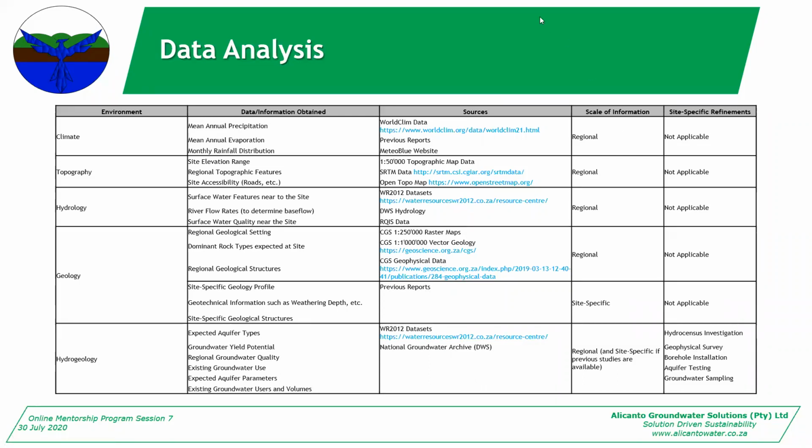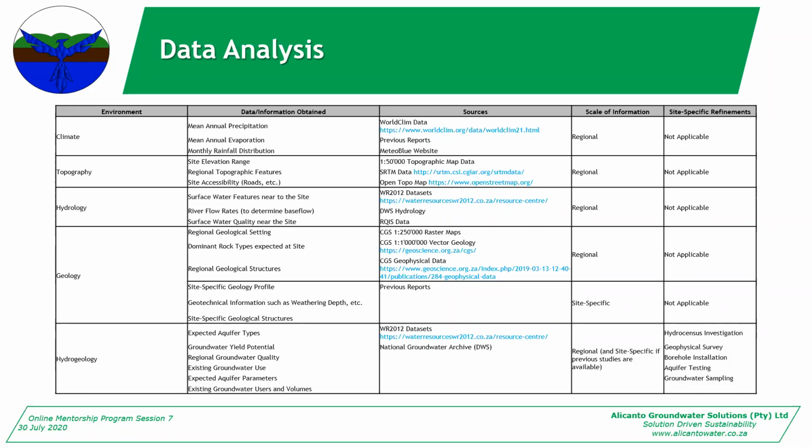Yep, Papelo? I know, during my honors, with the climate, the annual evaporation and precipitation, we used the rainfall data from the Department of Water and Sanitation, and we had to literally calculate the monthly precipitation from the data that we had.